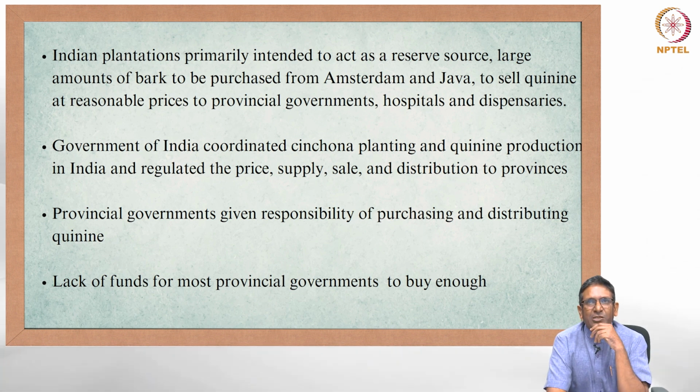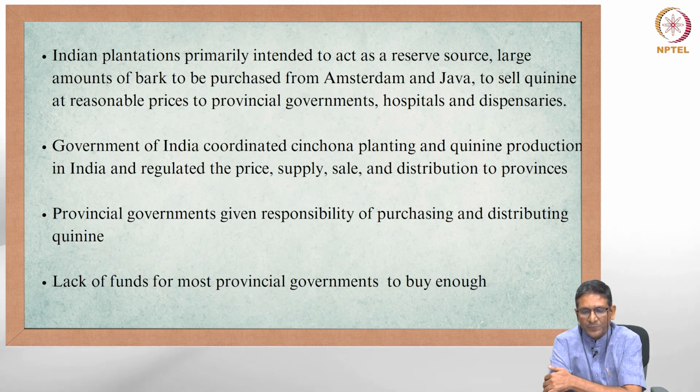So Indian plantations were primarily intended from this time on to serve as a reserve source, whereas large amounts of bark continued to be purchased from either Netherlands, Amsterdam, or from Java, so that quinine could be sold at reasonable prices to the provincial governments, hospitals and dispensaries.